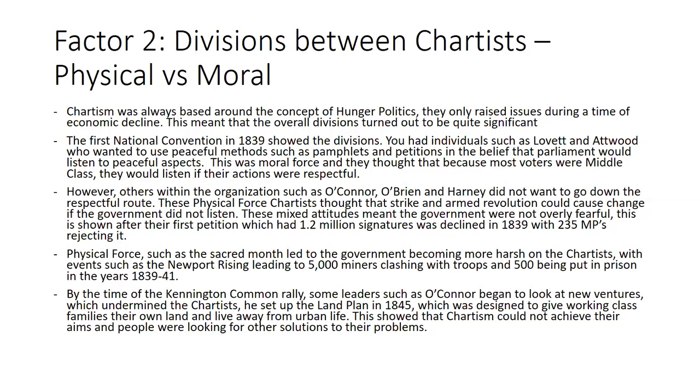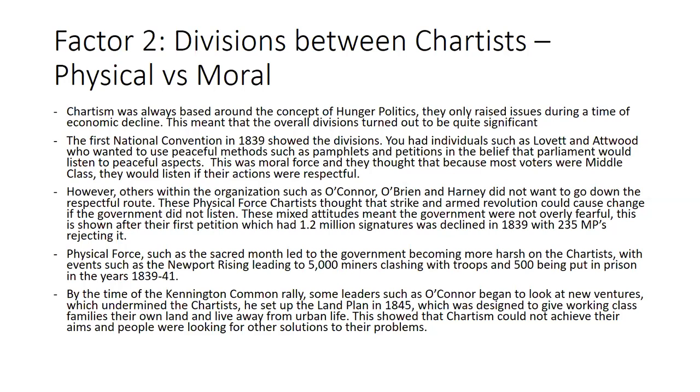By the time you get to the Kennington Common Rally, which was the signing of the third petition, a lot of the more strict Chartists, such as O'Connor, began to look at new ventures, so actually were moving away from the Chartist movement. He set up the Land Plan in 1845, which was designed to give working class families their own land and live away from urban life.